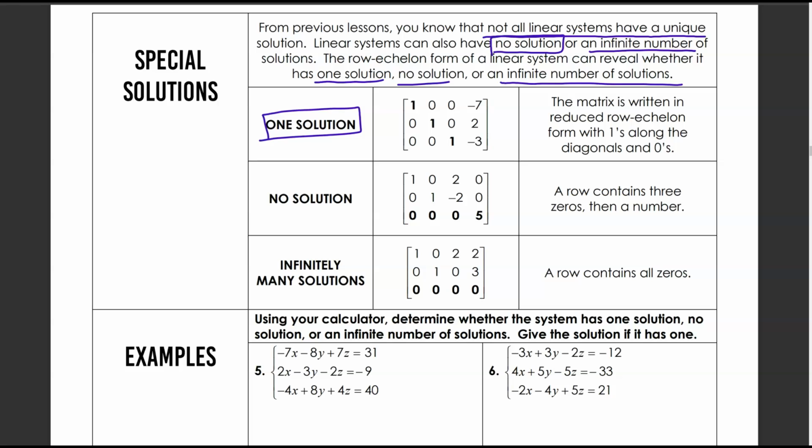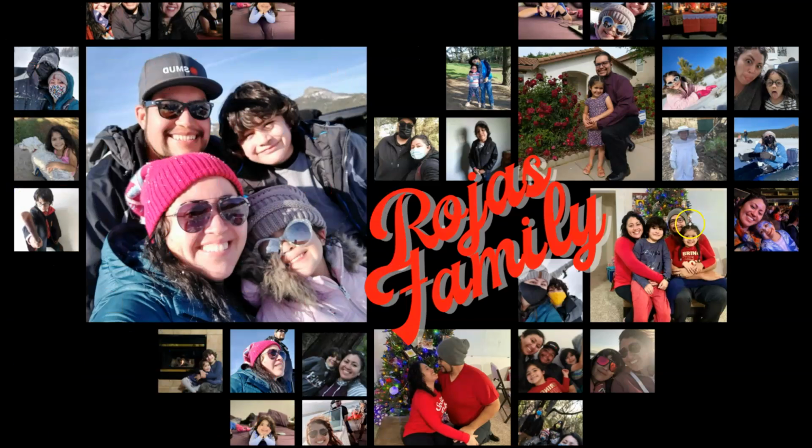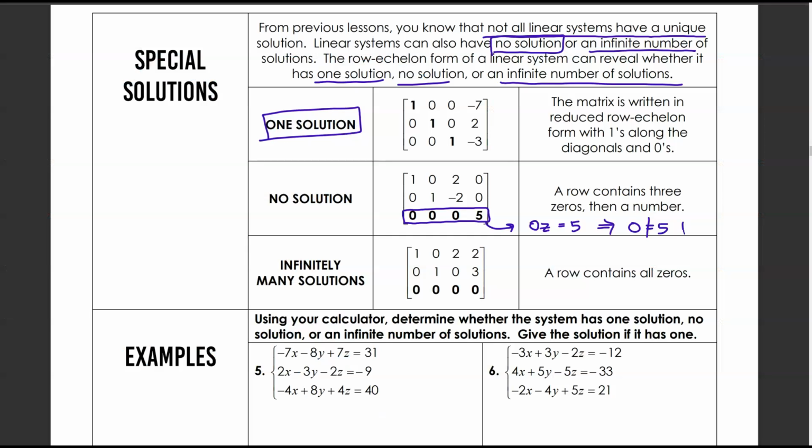Now, no solution is going to come down here, and notice this last one. This is equivalent to saying that 0z is equal to 5, which then implies that 0 equals 5. But that's not true. That's a false statement.